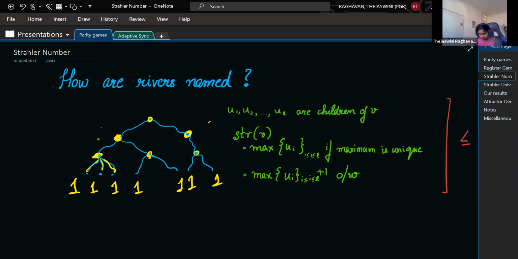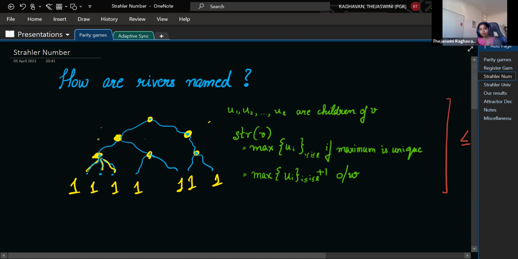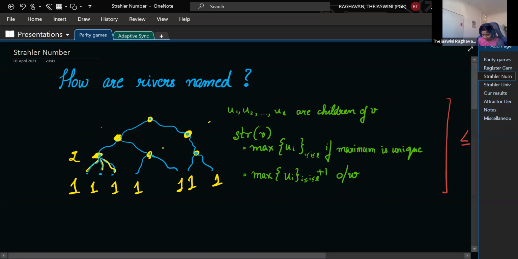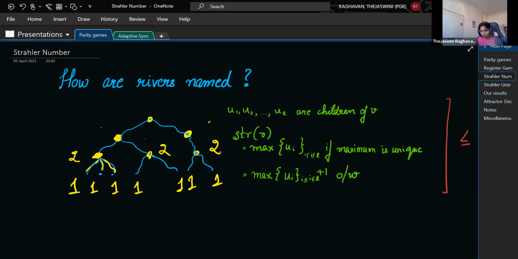And when two or more rivers meet at a node, the resultant river or node gets Strahler number maximum of its children if the maximum is unique, and if not, it gets maximum plus 1. So in this case, all of these nodes at the second level get Strahler number 2 because they have 2 or more children and all of them have Strahler number 1, so nothing is unique, so it gets maximum plus 1.